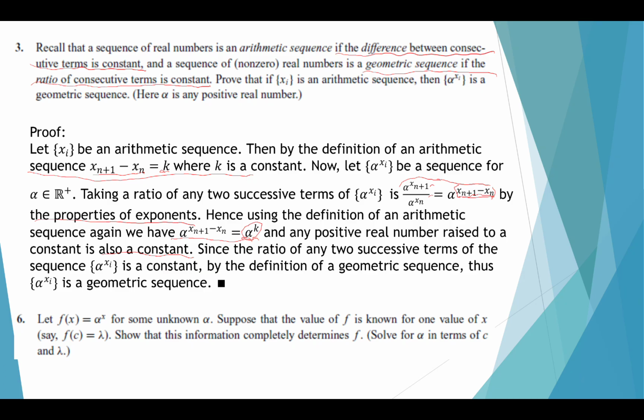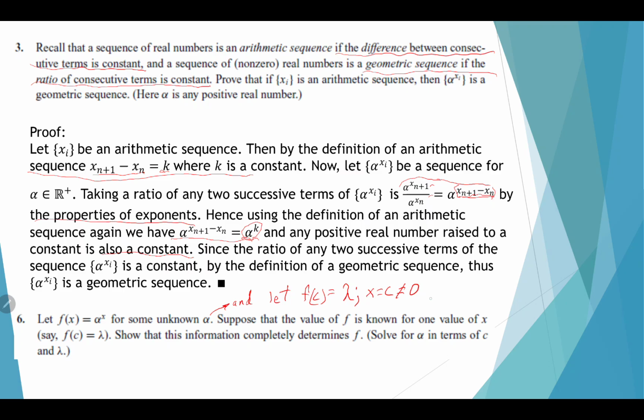Okay, so the uninteresting part. Let f of x equal alpha to the x for some alpha, and let f of c equal lambda, when x equals c, where c does not equal 0, because that's not even interesting.